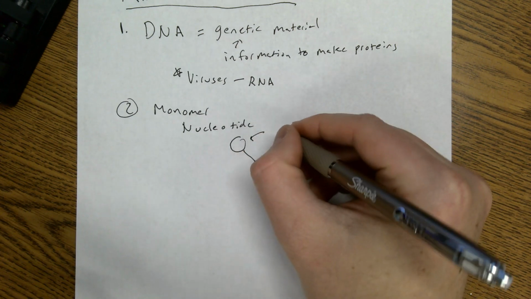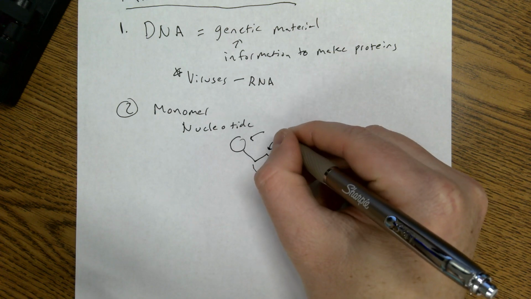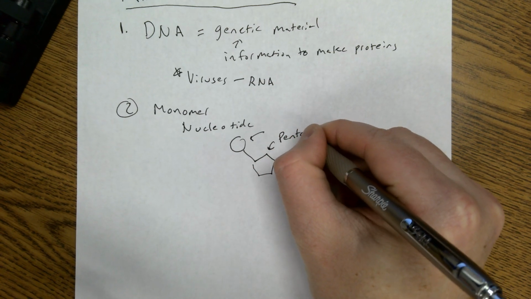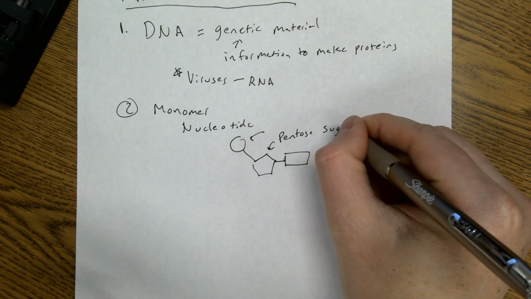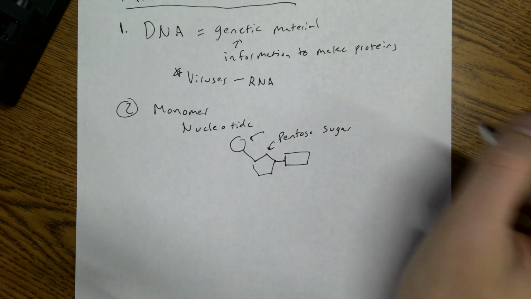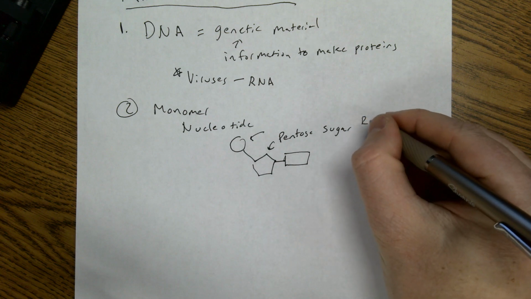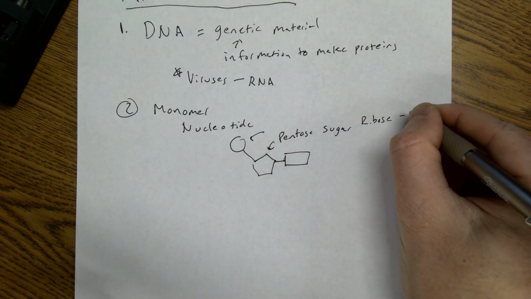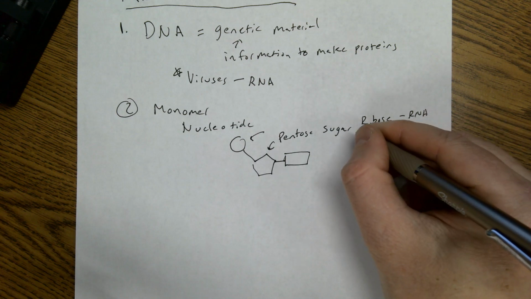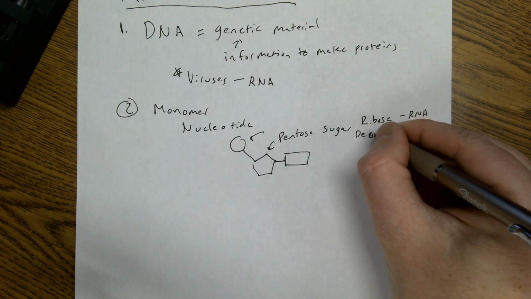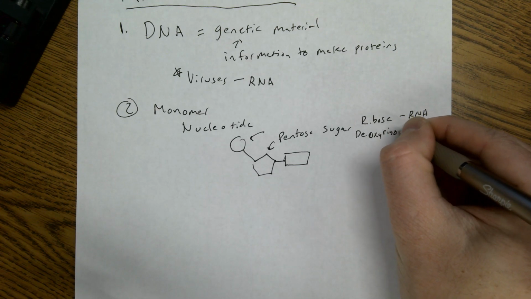The sugar is the pentagon right here, and this is a pentose sugar. It could be either ribose in RNA or deoxyribose in DNA.